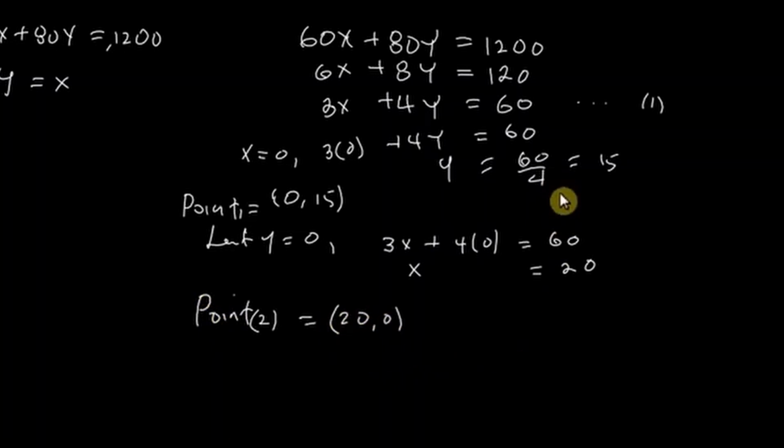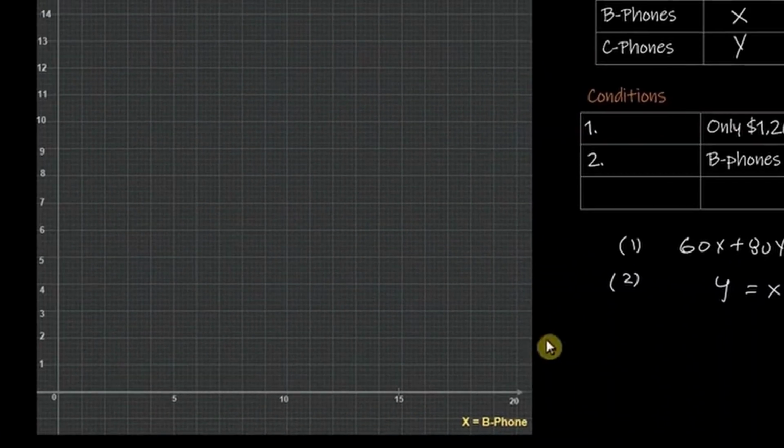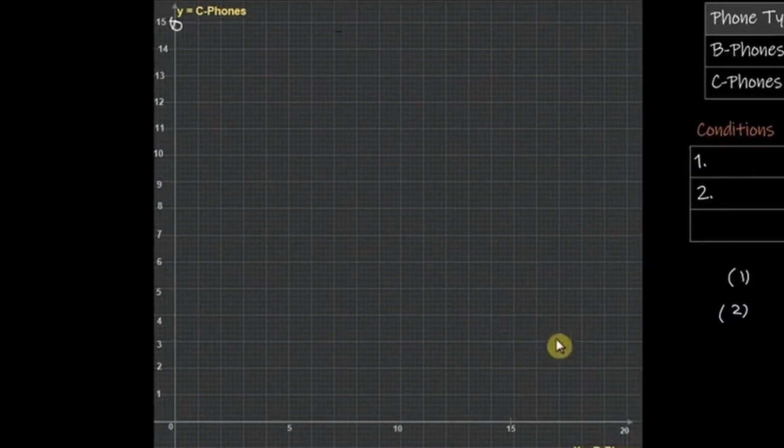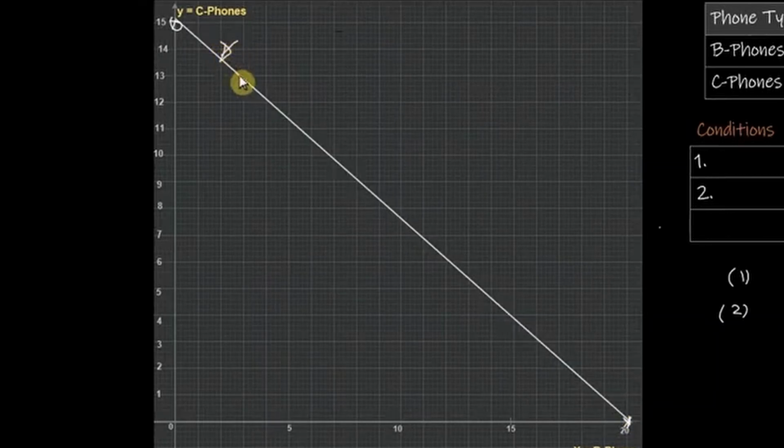Why am I finding these 2 points? Because all I need are 2 points to draw a straight line. I'm conveniently choosing x and y as 0 to quickly determine the points. My second point will be located at (20, 0), which would be here. So I merely need to connect those 2 points.